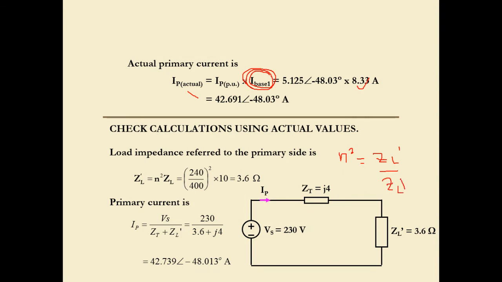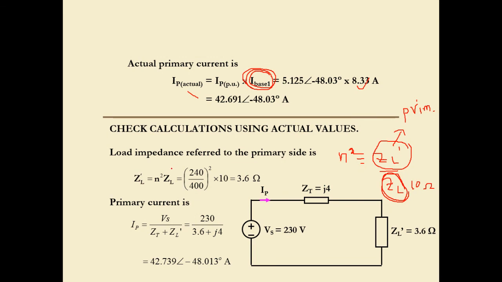ZL is the existing ZL in the question, which is 10 ohm. But ZL prime is the new ZL when we refer to the primary. This means we cross over from the secondary, where ZL is located, to the primary side of the transformer. So the relationship is n squared equal to ZL prime over ZL.